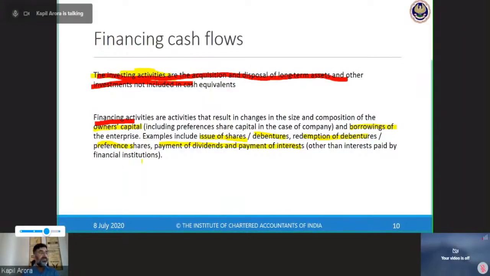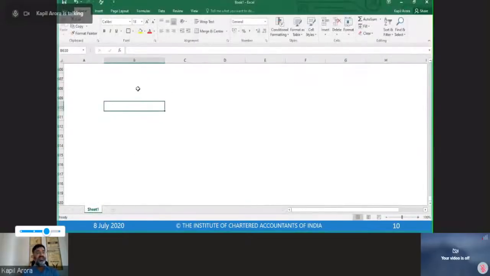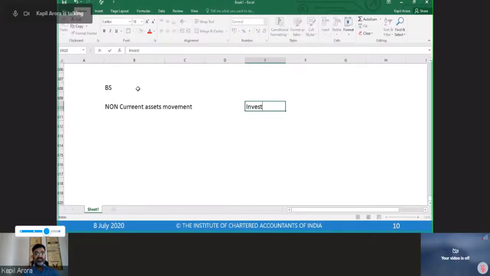Now, if I talk about a simple rule, how do you find out where it should go? From the balance sheet, any movement in non-current assets, sale, purchase, any interest or anything coming in, will go to investing activities.